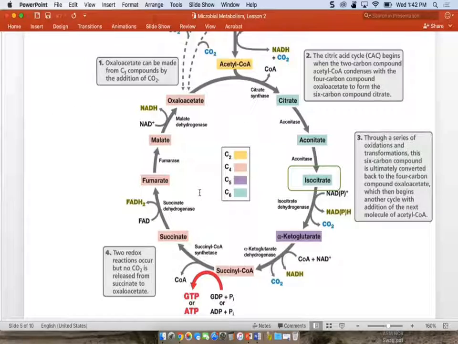What do we actually need to drive Krebs cycle? We need the oxidized form of this coenzyme. So if there's no NAD around, if it's all in its reduced form, these reactions can't take place, and therefore Krebs cycle shuts down. That's why we say that Krebs and electron transport are mechanistically linked with one another.